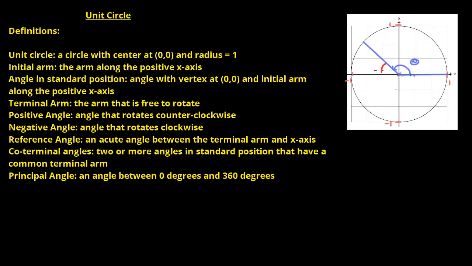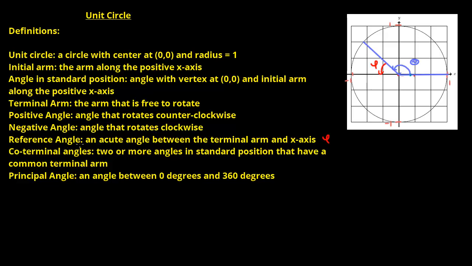So it's actually this angle. And notation-wise, we're going to call this angle phi in this course. So that is the reference angle, the angle that's drawn from the terminal arm to the x-axis. It's either drawn down to the x-axis or up from the x-axis, depending on which quadrant the angle is in.